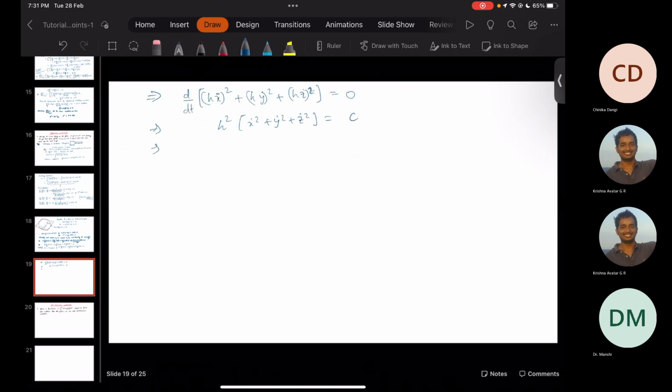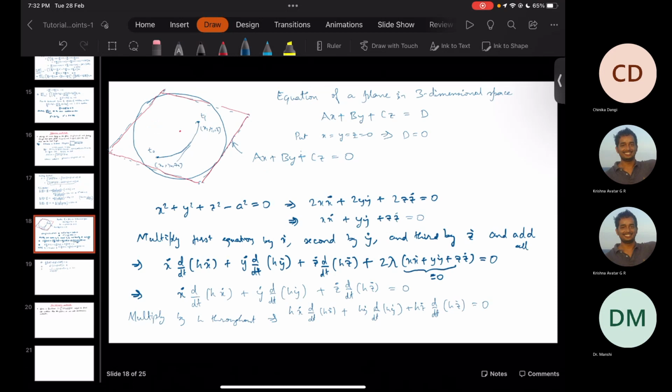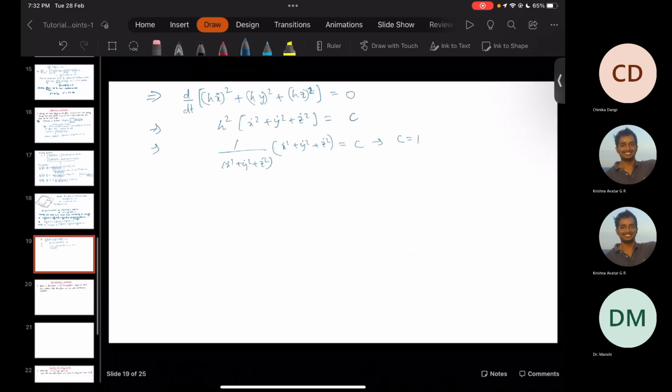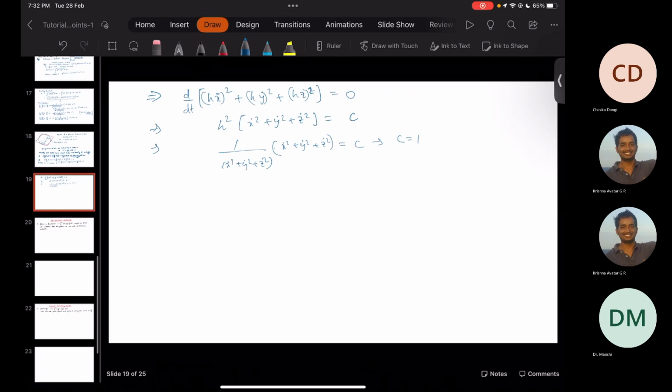So it effectively says that it's equal to c, and this means c is equal to 1. Okay, I think this is inconclusive. So I'll get back to you next time with this, due to the lack of time.